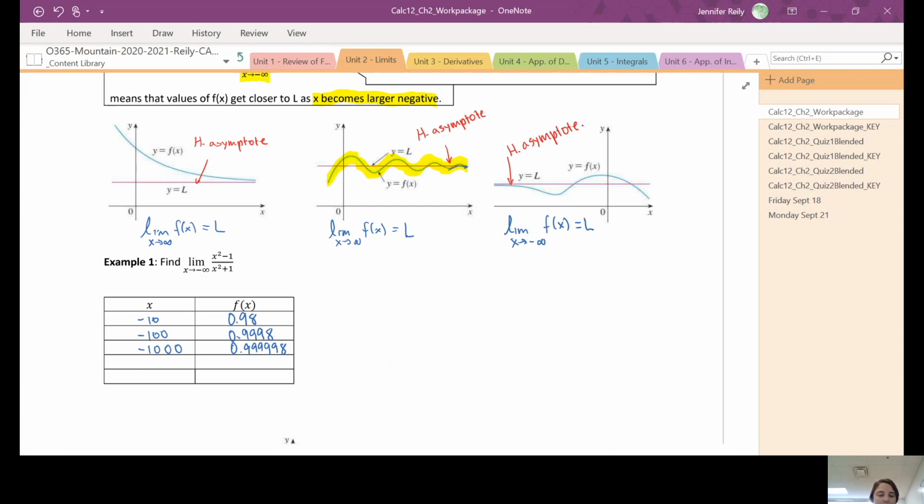You don't have to fill out the whole table as long as you can show that it's approaching a number. So here we see that the function is approaching 1. It's getting very, very close to the value of 1. Of course, it's never going to actually reach 1 because you can never actually plug in negative infinity. So we say that the limit as x approaches negative infinity of x squared minus 1 over x squared plus 1 equals 1.